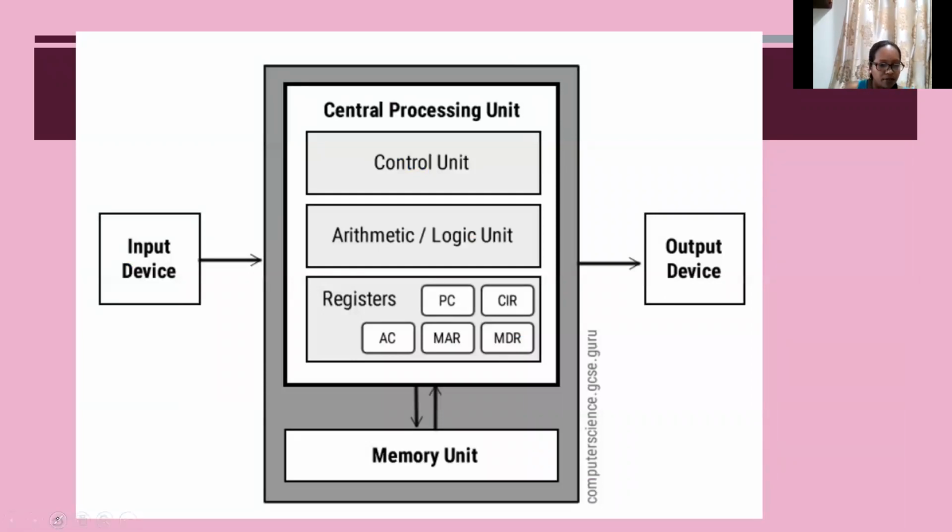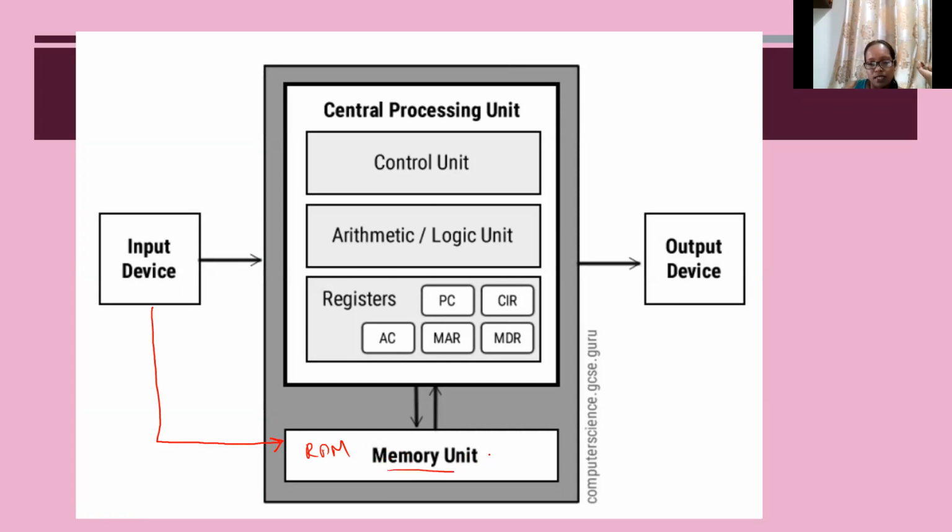Although the diagram has shown input devices just passing the data to this particular part, normally whatever input is taken through the input devices is first passed to the RAM. Here the memory unit may be the primary memory as well as the secondary memory, right?